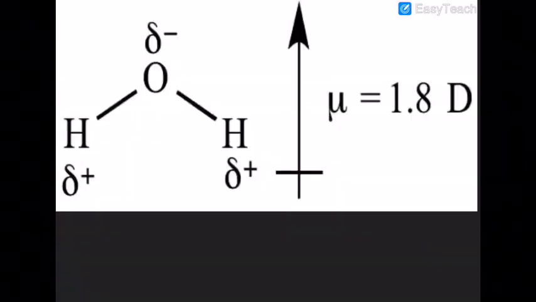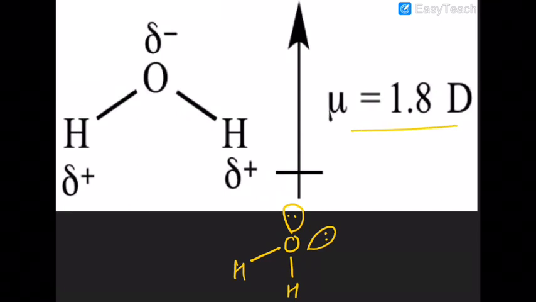Now in case of water, you know that there are two lone pairs also present in the sp3 hybrid lobes, and two oxygen hydrogen bonds are present. So the net dipole moment comes out to be 1.8 D. The bond moment is towards the oxygen from hydrogen, and the lone pair moment is towards the lone pair.